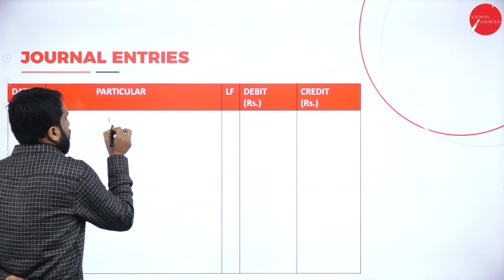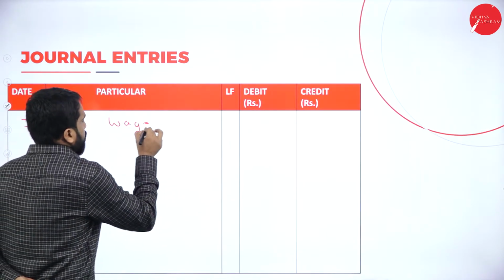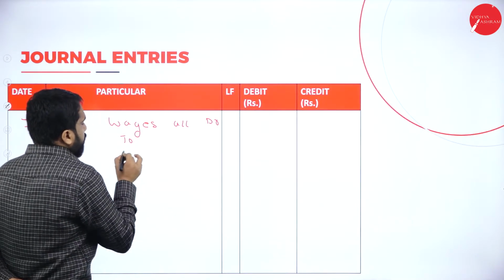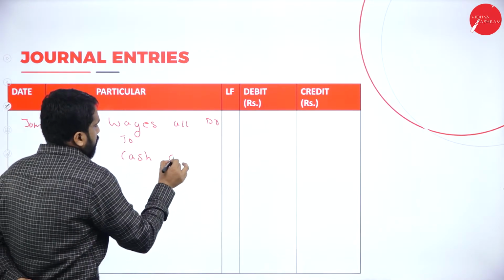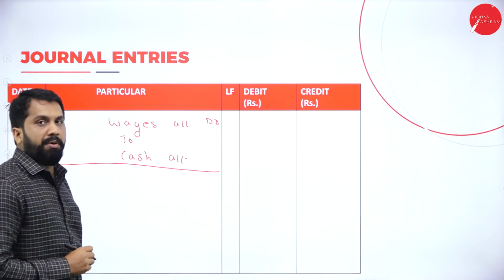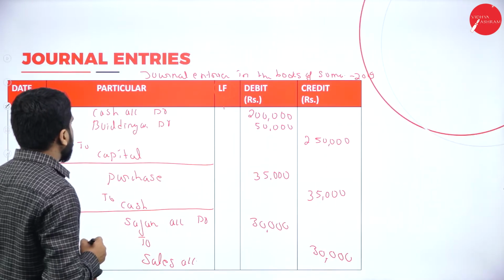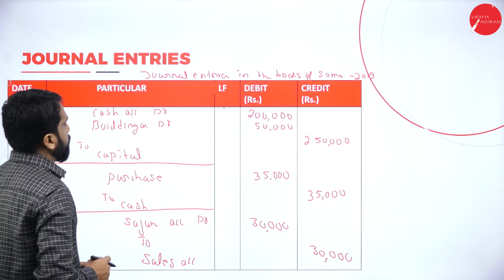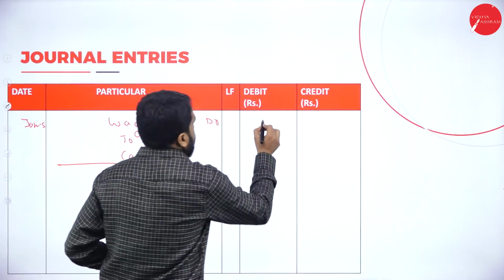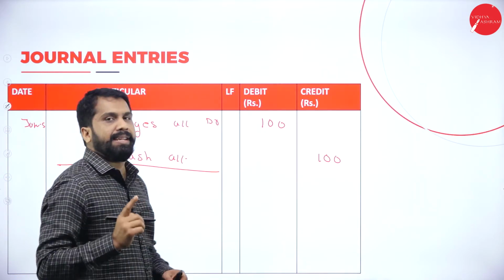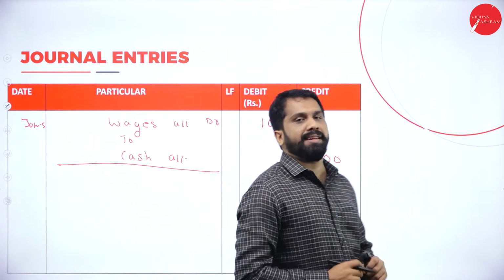The account will be wages account debit to cash account. What is the amount they have given? The amount is 100, as well as 100. Any doubt? No doubt? Yes.